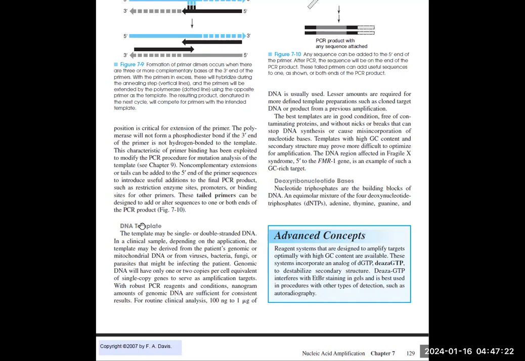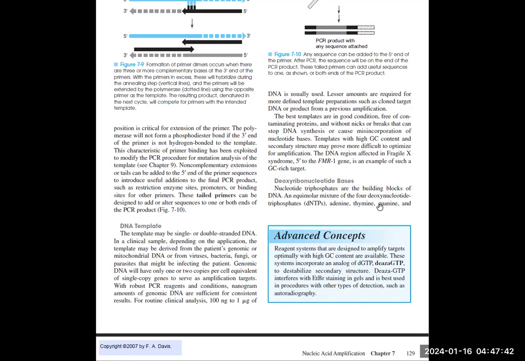After our DNA template, we have our deoxyribonucleotide bases, our dNTPs, our nucleotide triphosphates. During replication and synthesis, these are of course required. That's why we need to supply them in our PCR master mix.